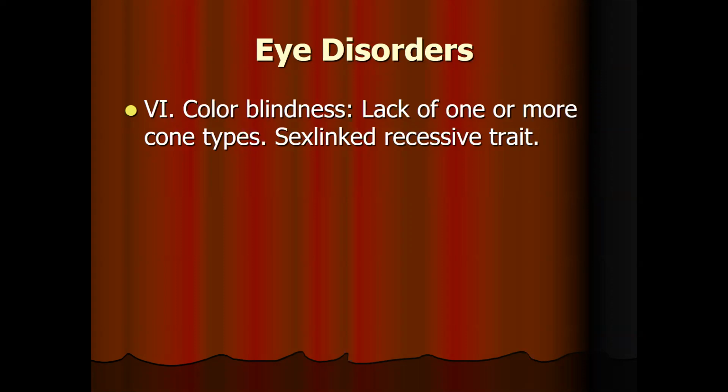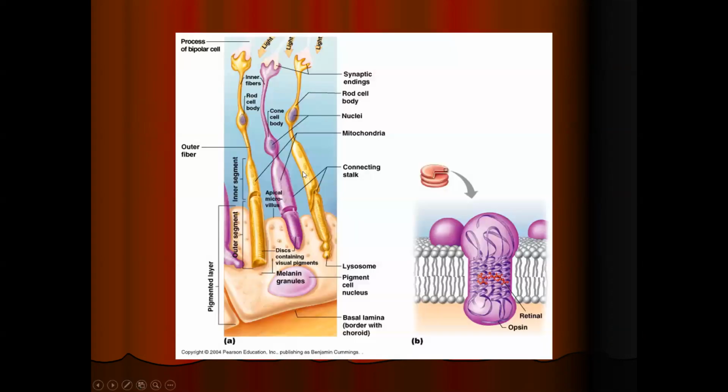So what happens is that we do not have the right number of cones, and cones come in three kinds. We've got red cones, blue cones, green cones, and they pick up different wavelengths of light. When you're colorblind, you're missing some of the cones that you're supposed to have.